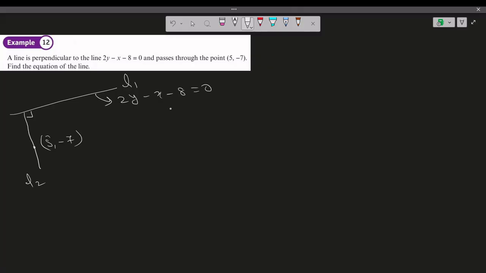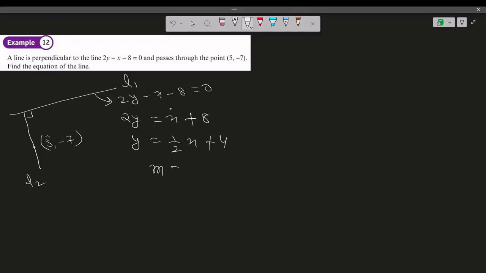Since these two lines are perpendicular, from the equation I can get the gradient of line L1, and then I will get the gradient of line L2. Let us do that. This is 2y equals x plus 8. So y is 1 by 2 x plus 4.